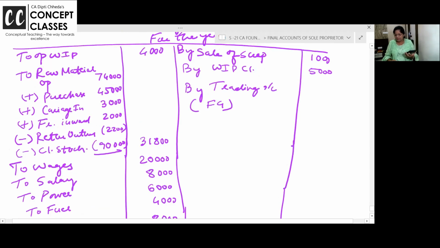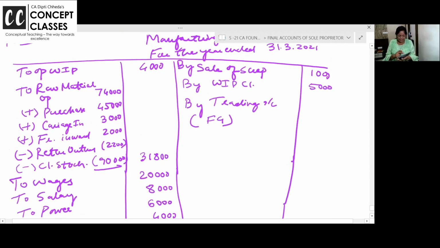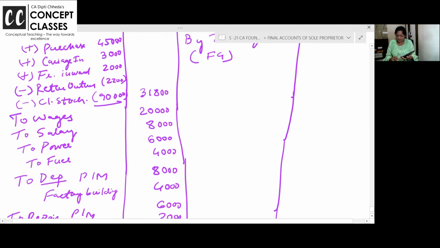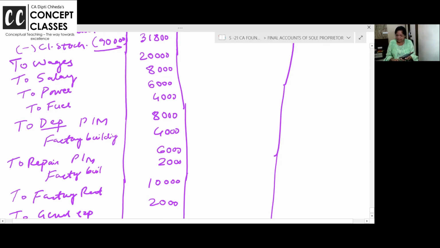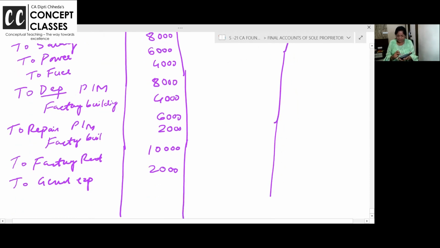31,800. Plus 4,000 plus 20,000 plus 8,000 plus 6,000 plus 4,000 plus 8,000 plus 10,000 plus 2,000 plus 12,000.